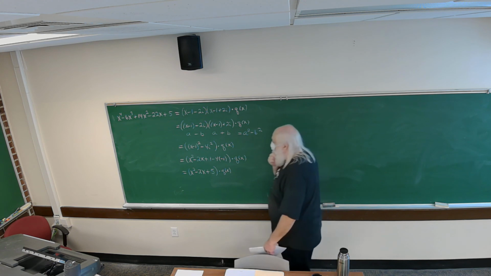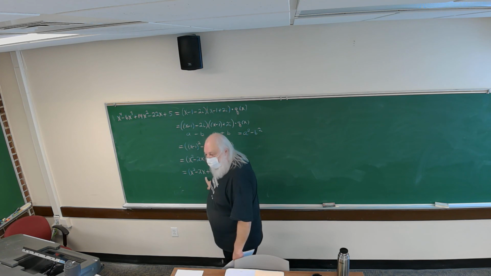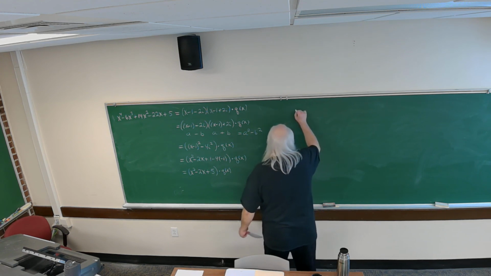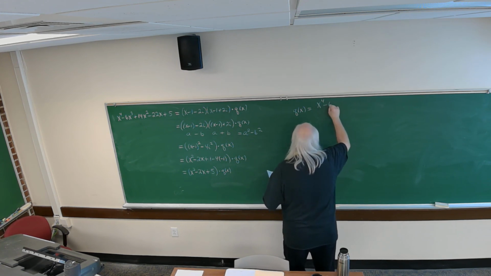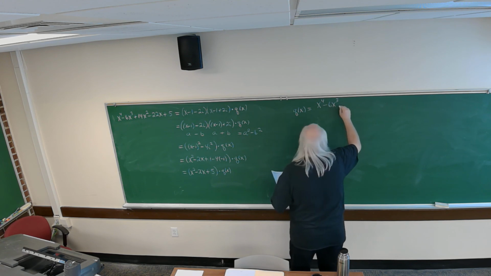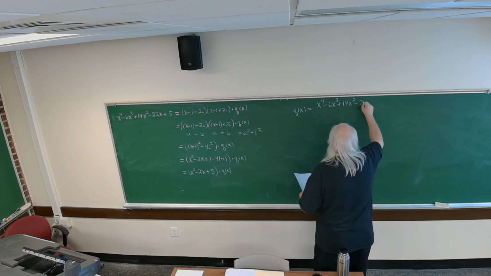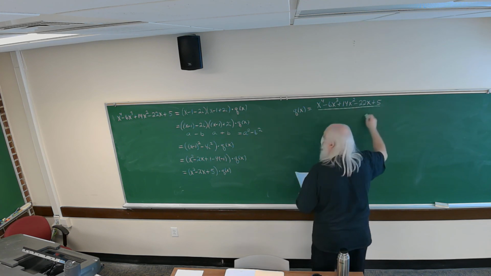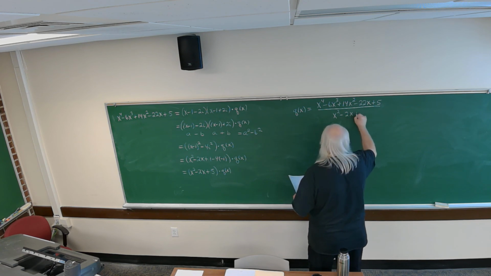So what's q of x equal to? This fourth degree polynomial divided by this quadratic is equal to q of x. Q of x is equal to our fourth degree polynomial divided by x squared minus 2x plus 5.